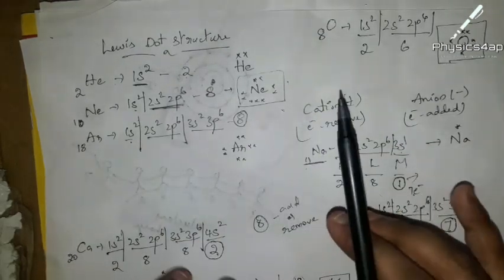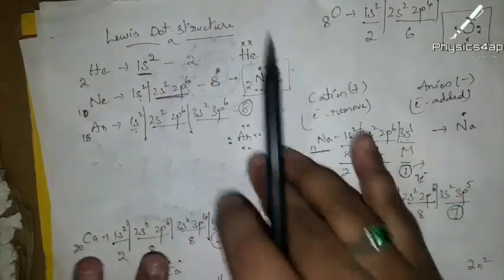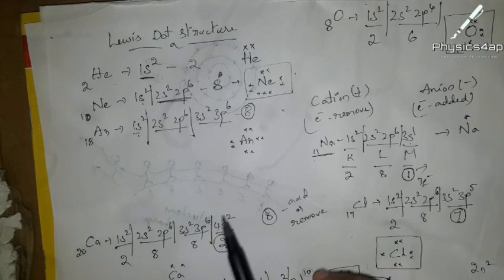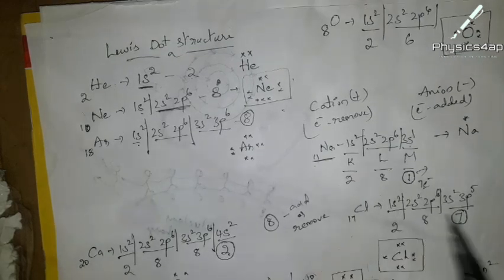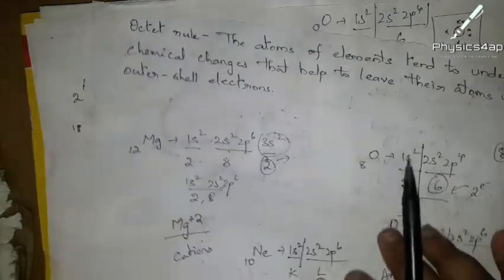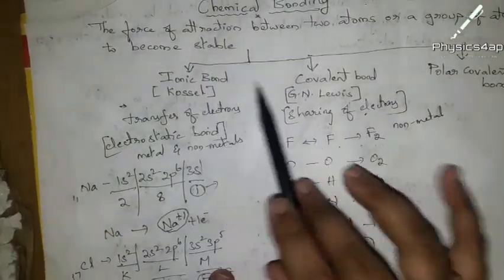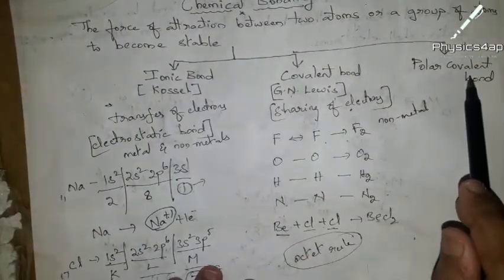This is the basics that we need to learn before going into the ionic bond and the covalent bond. Today we have discussed the octet rule, what is meant by the octet rule, the chemical bonding definition, and what is an ionic bond, what is a covalent bond, and what is polar covalent.